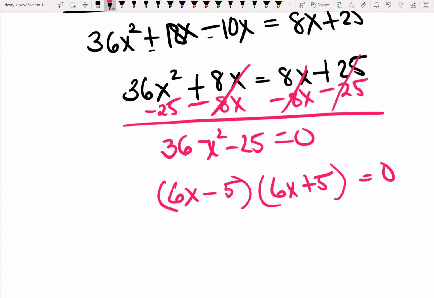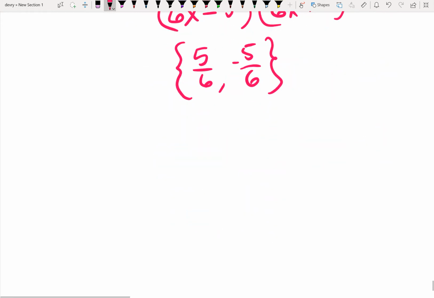And both of those are equal to 0. So I have two solution sets here, or two solutions in the set. I have positive 5 over 6 and I have negative 5 over 6. We can always check them by plugging them in, and I'm gonna give you a heads up, they both work. Alright.